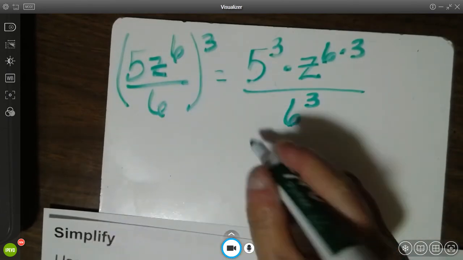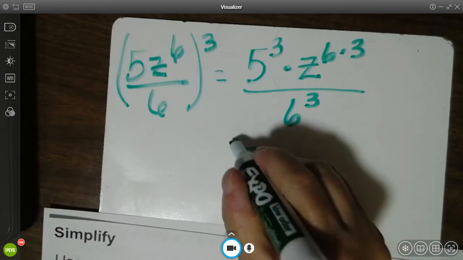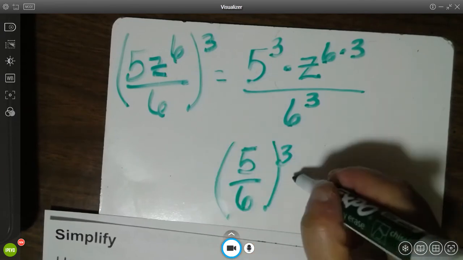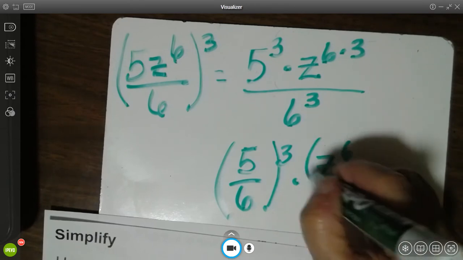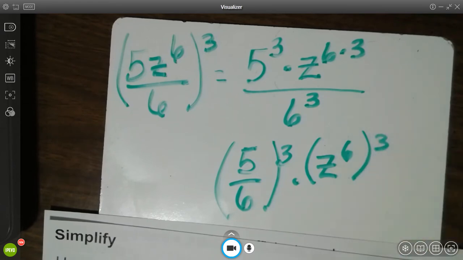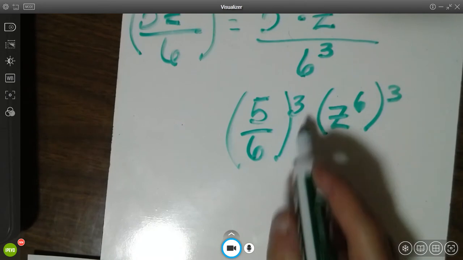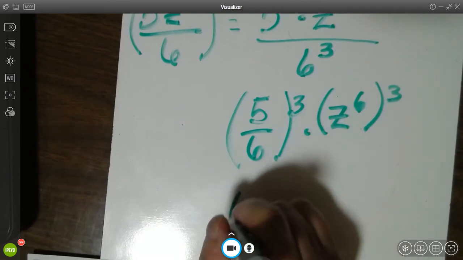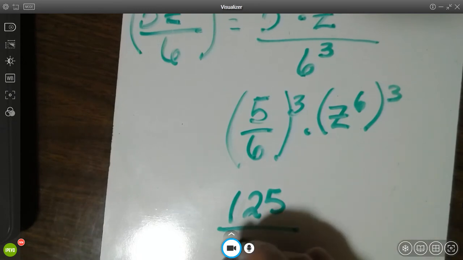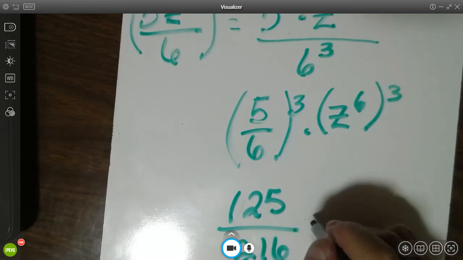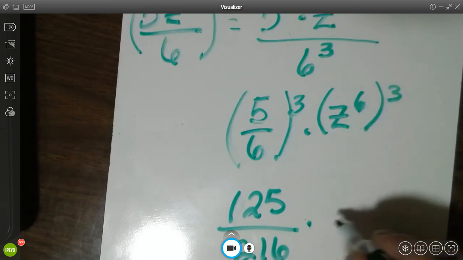I can also break that down with my coefficient here times z to the 6. Kind of backing up a step there just to show you. 5 to the 3rd power is 125. 6 to the 3rd power is 216 times z to the 6 times 3.